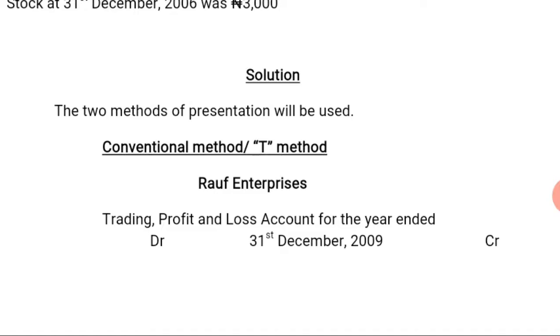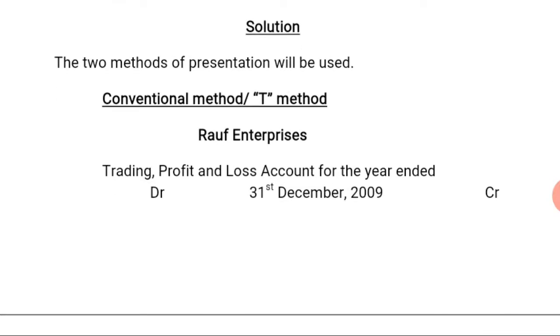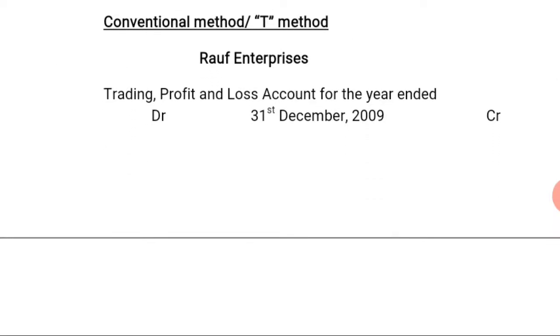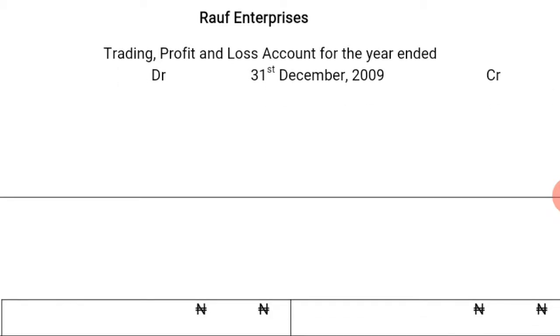As we know, we always prepare our accounts using the two major formats: the conventional method or T method, and the vertical method. To start with, let's first use the conventional method. The heading: Rauf Enterprises, trading profit and loss account for the year ended 31st December 2009.